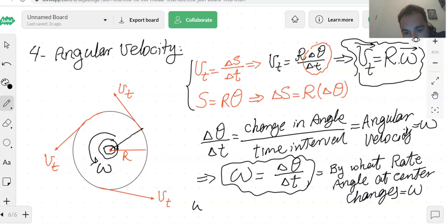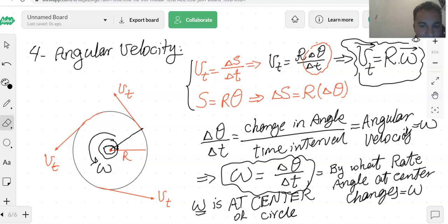So guys, omega is at the center of the circle. Do not forget this, please. So where is omega? At the center of the circle.